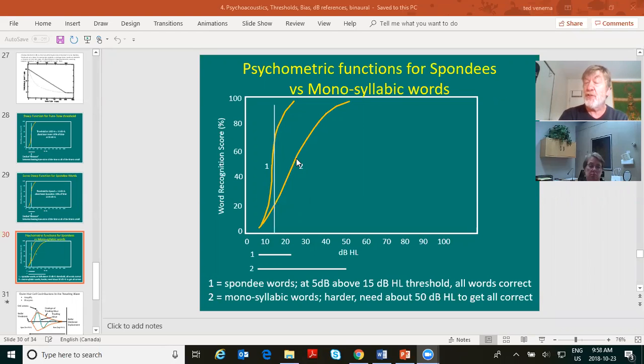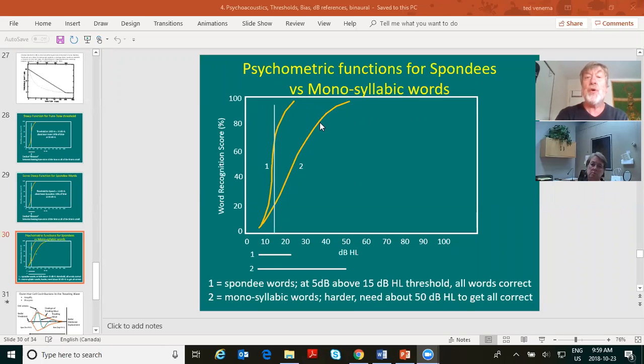Single syllable words is number 2. I'm going to have to read the words at around 40 for you to start getting them all the time. So that's why we have to use spondee words to find out the softest level you can hear speech. And it's got to agree with the pure tone average with which you hear speech.